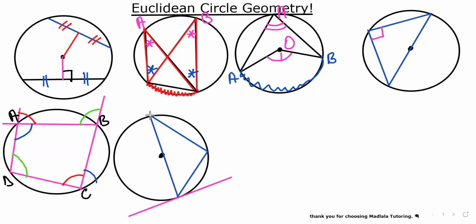It shouldn't necessarily look like this, and it shouldn't necessarily pass through the center. Now, there's a theorem that says the angle between a tangent to the circle and a chord, in other words, the angle between the tangent and the chord, is equal to the angle in the alternate segment.